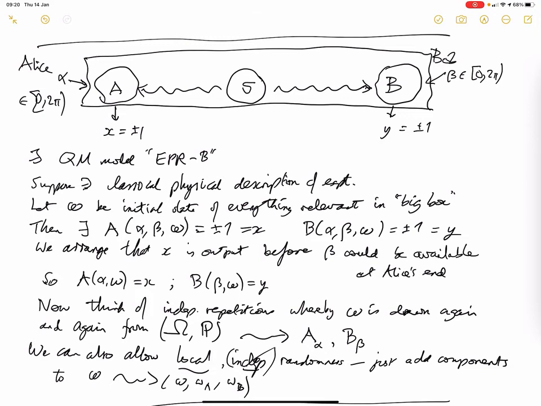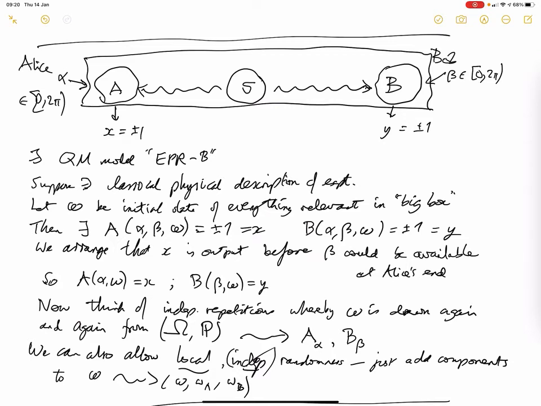Consider an experiment in which there's a source which emits 2 particles which travel some way or other to 2 distant locations where there are labs. One is owned by Alice and the other one is owned by Bob.